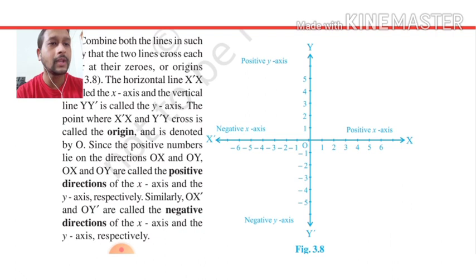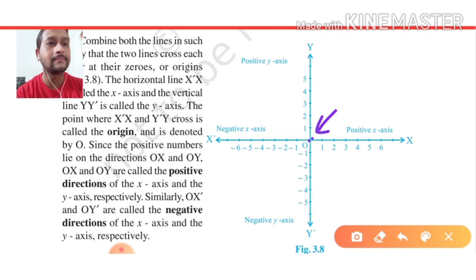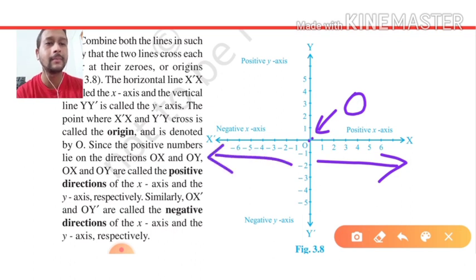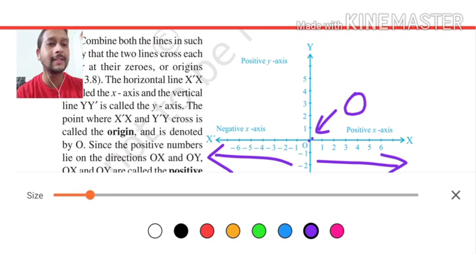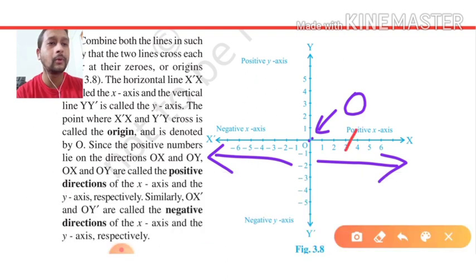You can take this as 0 for both the axes, AXES, that is plural, and singular is axis, AXIS. If you move to the right hand side of 0, you will have the positive numbers. If you move to the left hand side of 0, you will have the negative numbers. So on this side we will have the positive x-axis, and this side the negative x-axis.